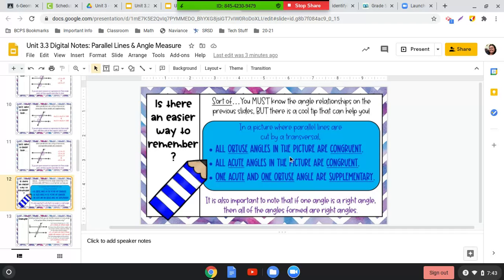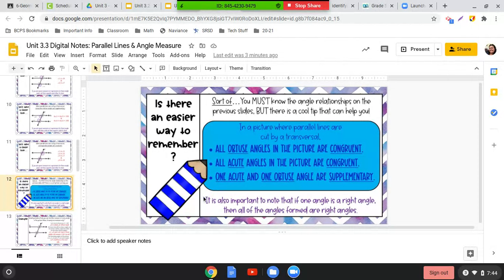All the obtuse angles that are formed on both clusters are going to be congruent. All the acute angles in the figures are going to be congruent on both clusters. And then if you take one of the acute angles and one of the obtuse angles, they're going to be supplementary. If you add them together, they're going to be 180 degrees.